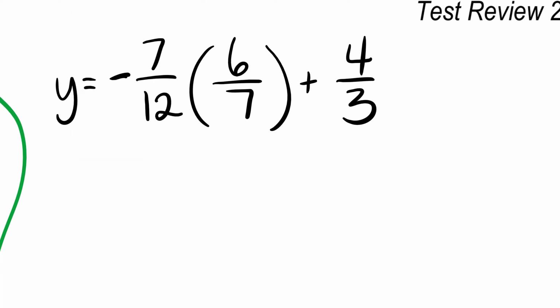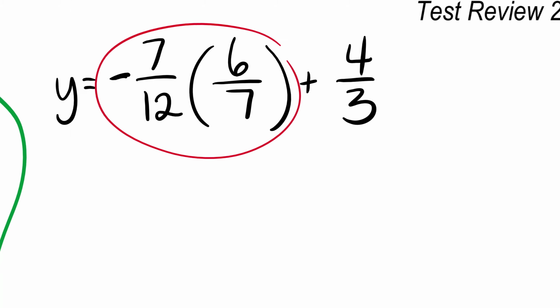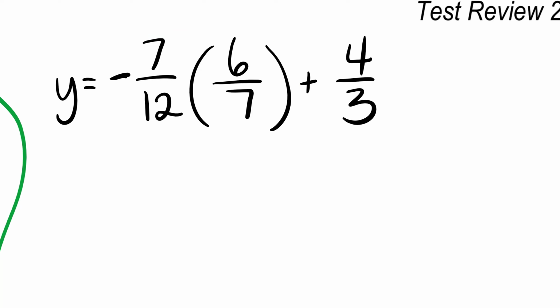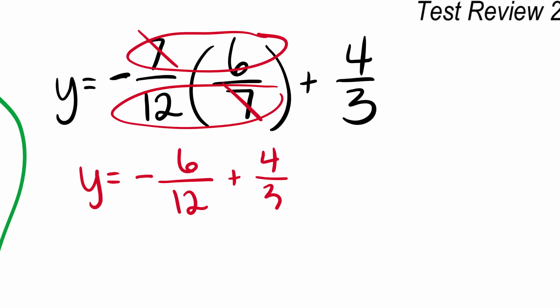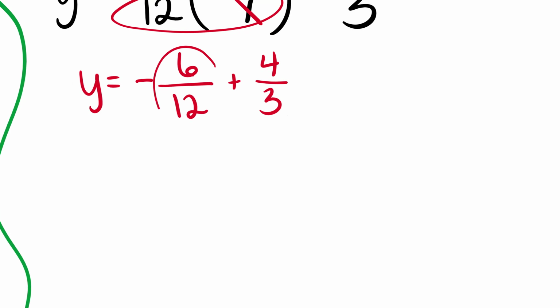Alright, so we got to multiply these, right? But notice if I multiply these two fractions right here, I can reduce, right? So these 7s are the same, they just go away. So I'm going to go ahead and rewrite this. I have y equals negative, well, what's left on top, right? I have 6 on top, and on bottom I have 12. Plus 4/3. Now look, this 6 over 12 reduces to 1/2, negative 1/2.